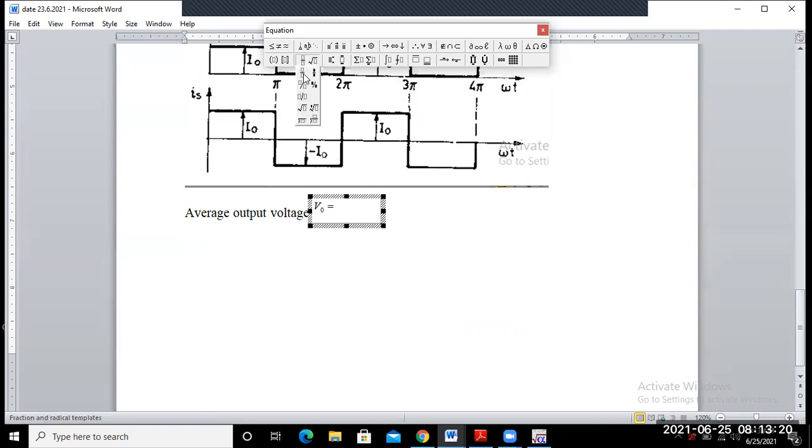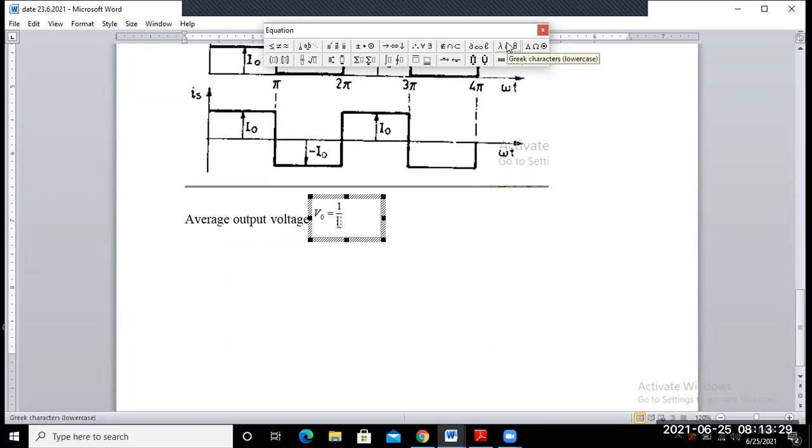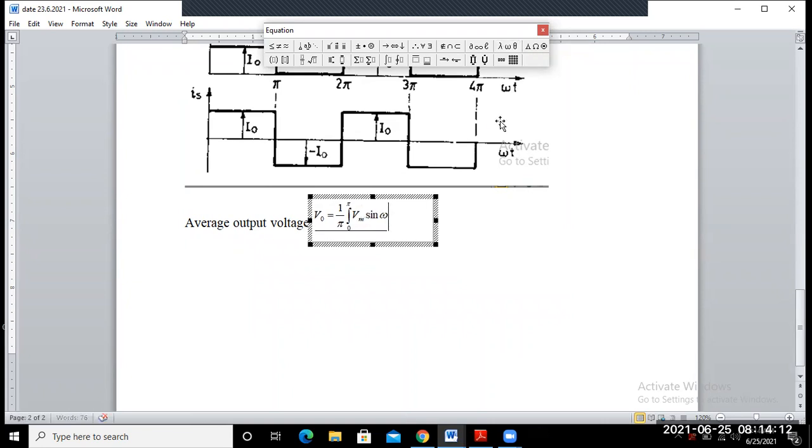So 1 by time period, that means 1 by pi, into the integration from 0 to pi of Vm sin omega t d omega t.